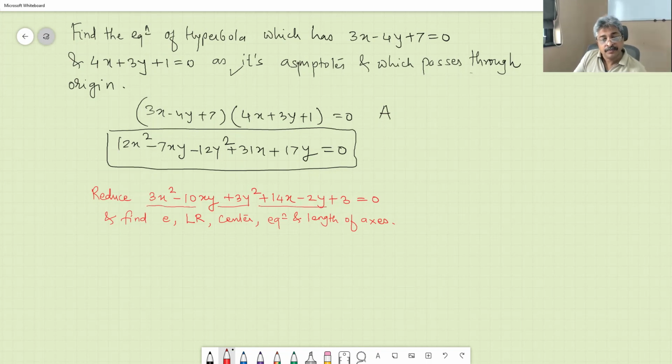Now, by looking at it, the first thing you can know is whether it is a hyperbola, ellipse, or parabola. So h square minus ab is 25 minus 9, which is greater than 0, so this is a hyperbola. So the first thing to do is find the center.